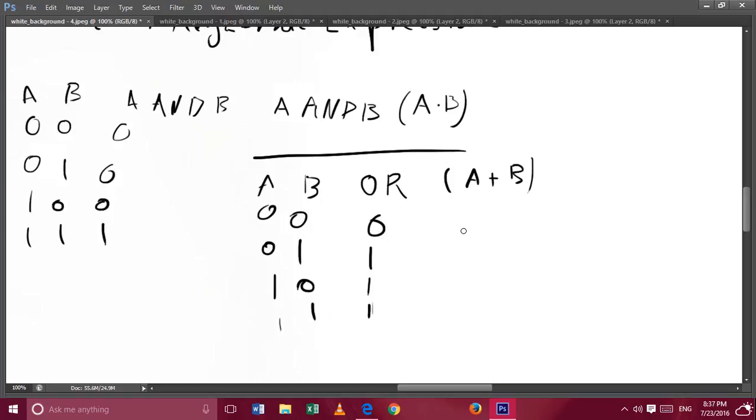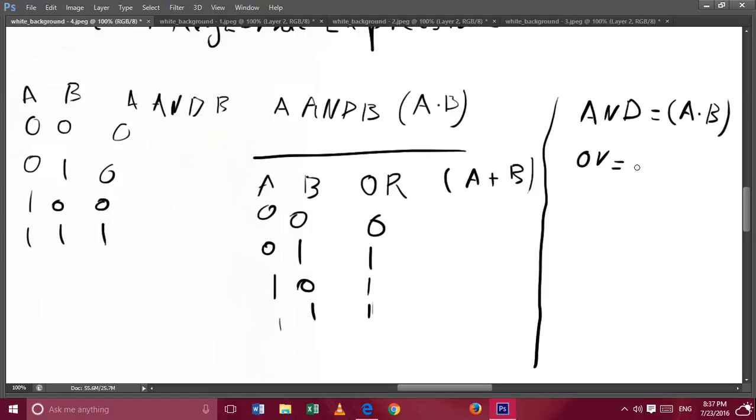So far, maybe right here we'll write them all up. So AND is A and B, or this is OR, A or B. And we're just learning the notation, right?